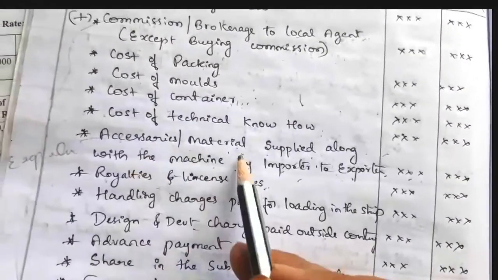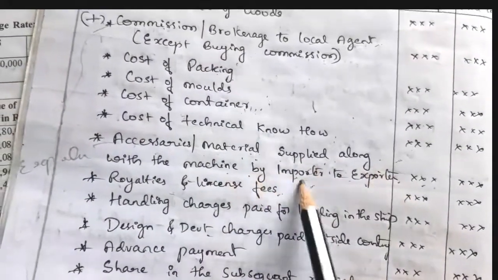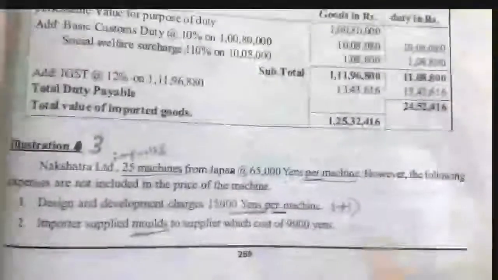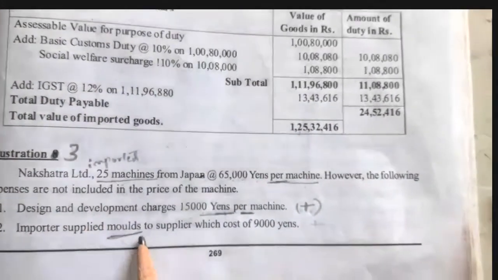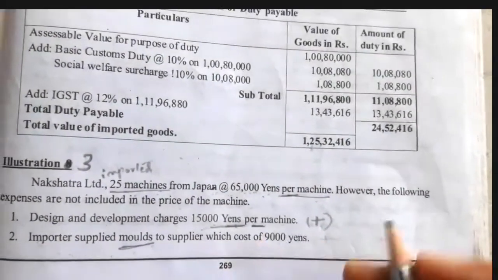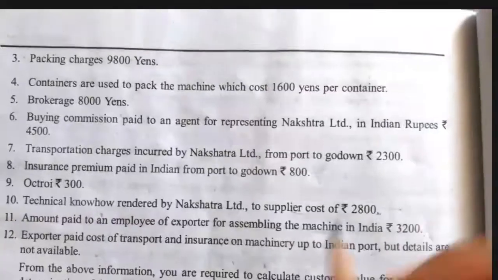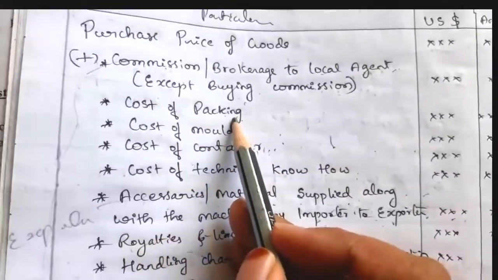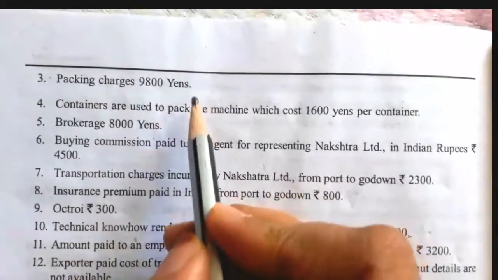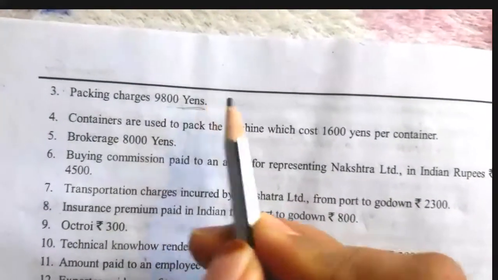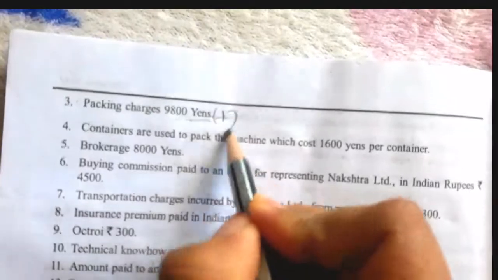Importer supplied molds is one of our accessories, so we have to add this value before FOB. Next, packing charges. Packing charges are also expenses incurred by the exporter to pack the goods. It is incurred outside India, so we have to add before FOB.